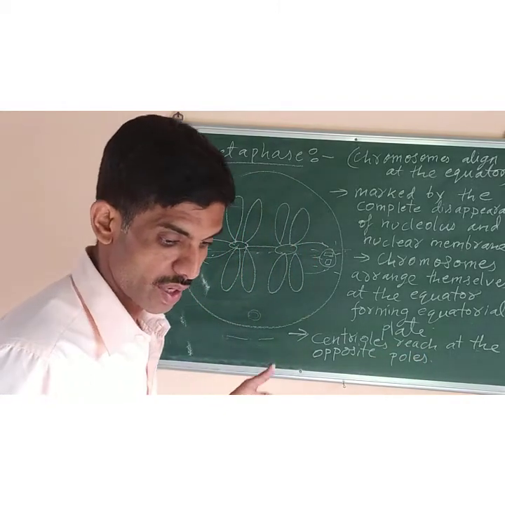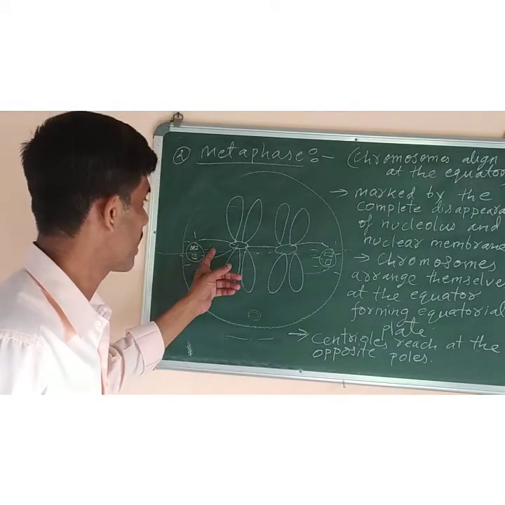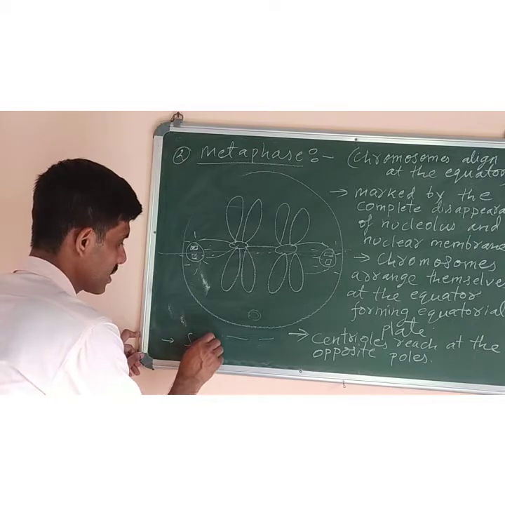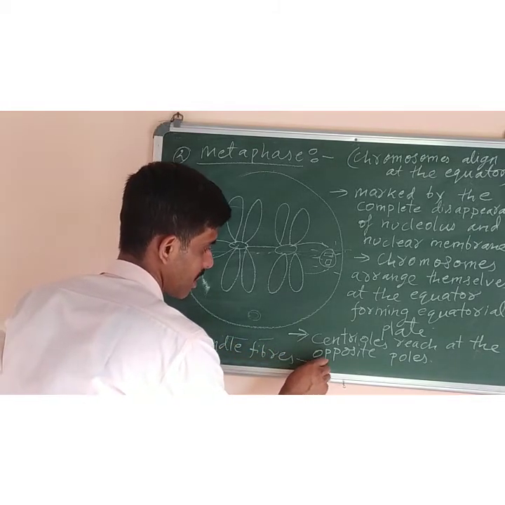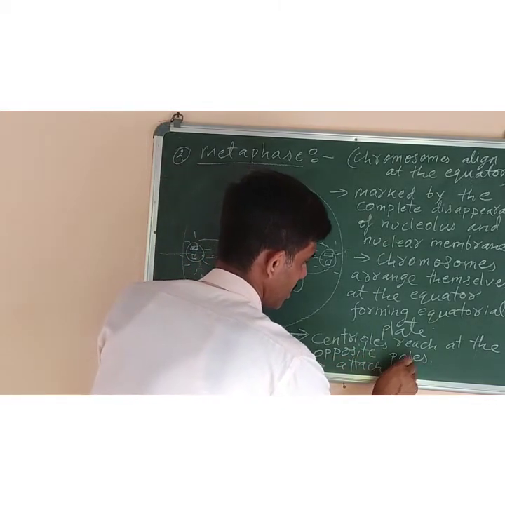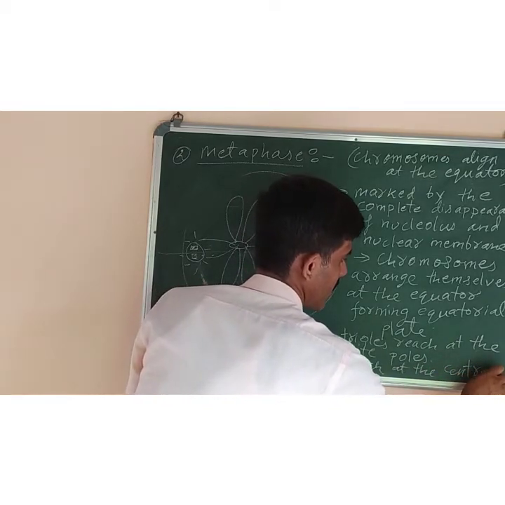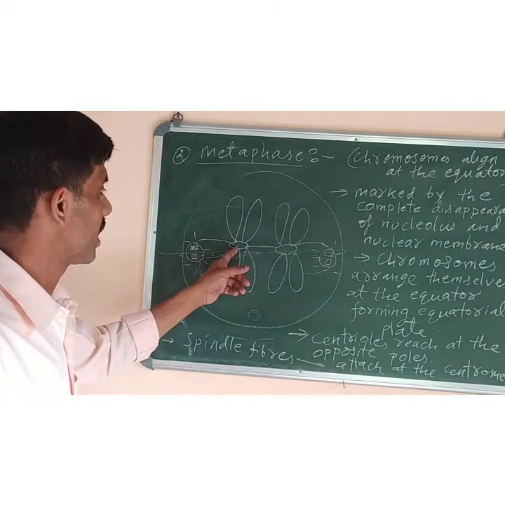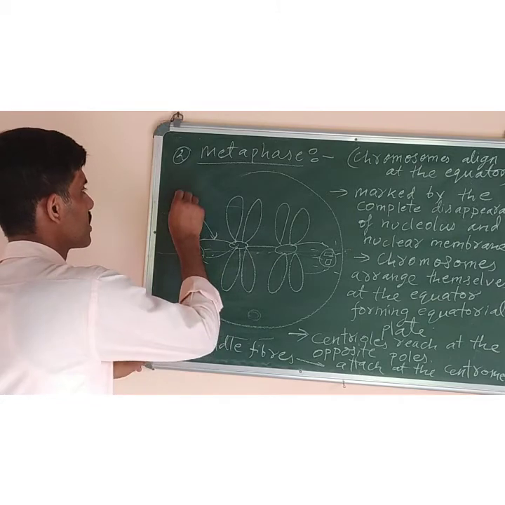The last one, as I already said, spindle fibers are attached at the centromere region. Already explained here. Spindle fibers attached at the centromere, in the middle, this part. Spindle fibers are attached with them. So these are spindle fibers.